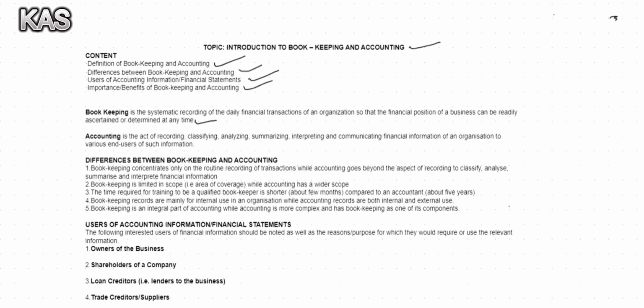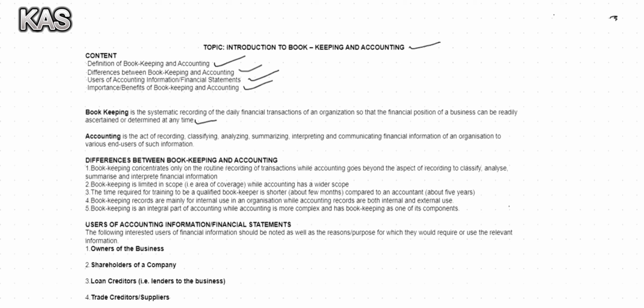Bookkeeping is a systematic way of recording daily transactions of an entity. What this means is that a business makes transactions on a daily basis, and in that case, all the transactions need to be recorded. You need to document those transactions.